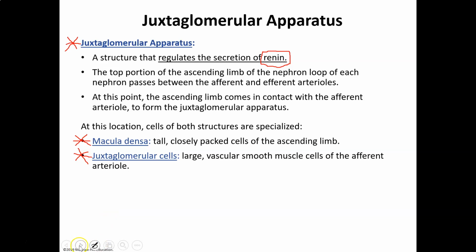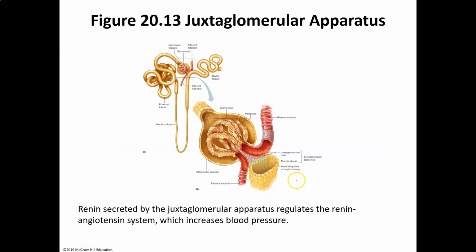So let's see pictures of that. Here is the afferent arteriole, which means blood is flowing this way into the glomerulus. These cells here are smooth muscle cells that regulate flow: by constricting they can decrease blood flow, or by opening up they can allow more blood to flow in.